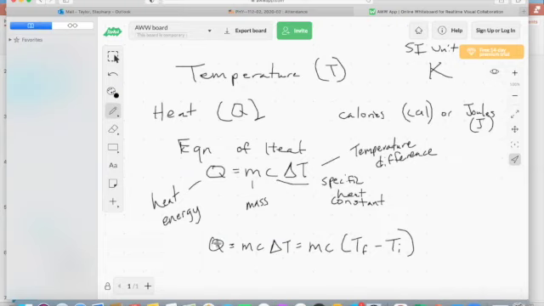Right? So Q is equal to MC delta T, where Q is heat energy, M is the mass, C is the specific heat constant depending on the material, and delta T is the change in temperature. So it's the temperature that you ended up at minus the temperature that you started at.